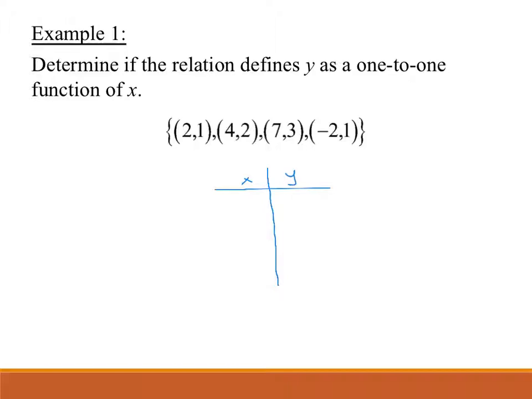So we have (2, 1), (4, 2), (7, 3), and (-2, 1). In this particular case, y is not one-to-one because for two different values of x, we have the same value of y. So this function is not one-to-one.